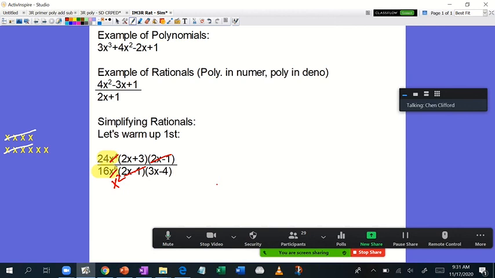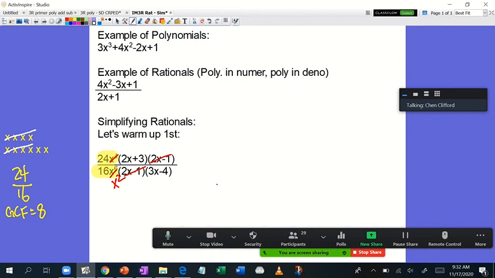Now I have to reduce 24 over 16 as a fraction. This is like 7th grade stuff, reducing a fraction. So I get 24 over 16. The GCF is equal to 8.